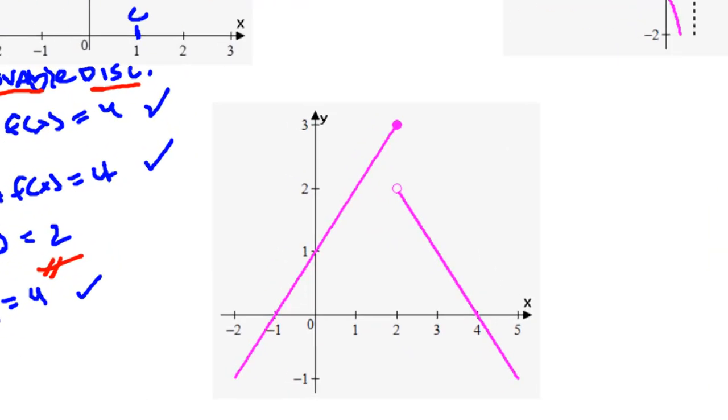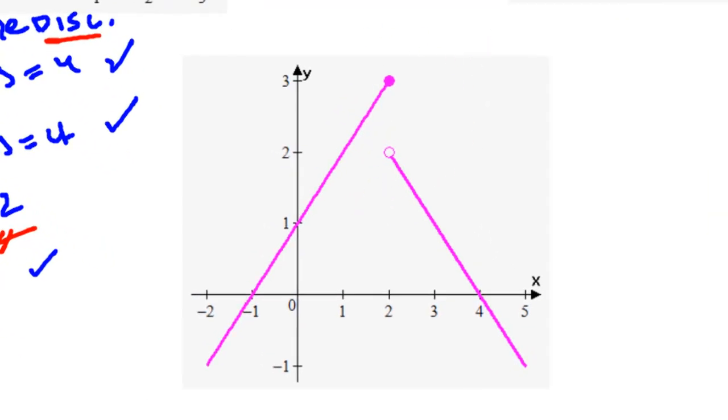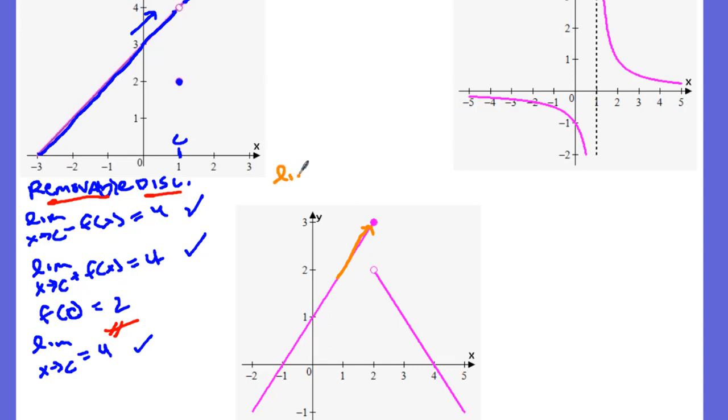Let's take a look at our second problem, right in the middle. I'll do this in orange. My pencil is going all the way this way, and I'm going to call this point value 2 our c. The limit as x approaches c from the left of this function is equal to 3. And the limit as x approaches c from the right is equal to 2. Does the limit exist?